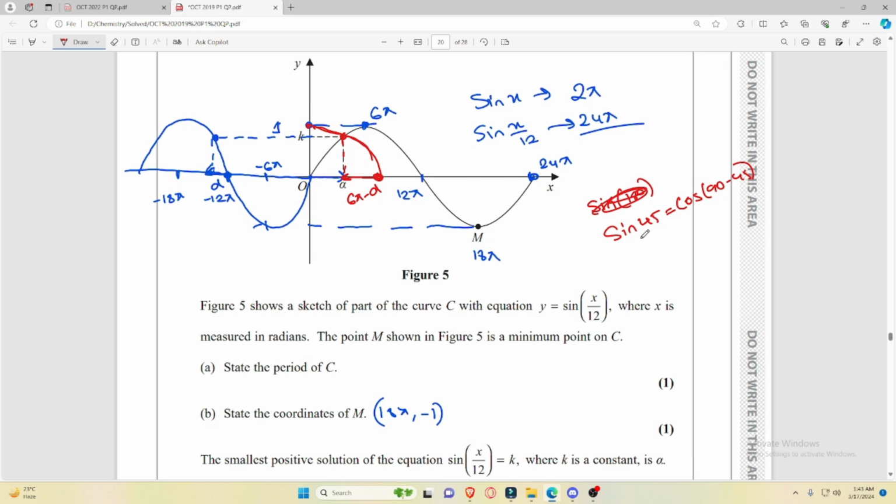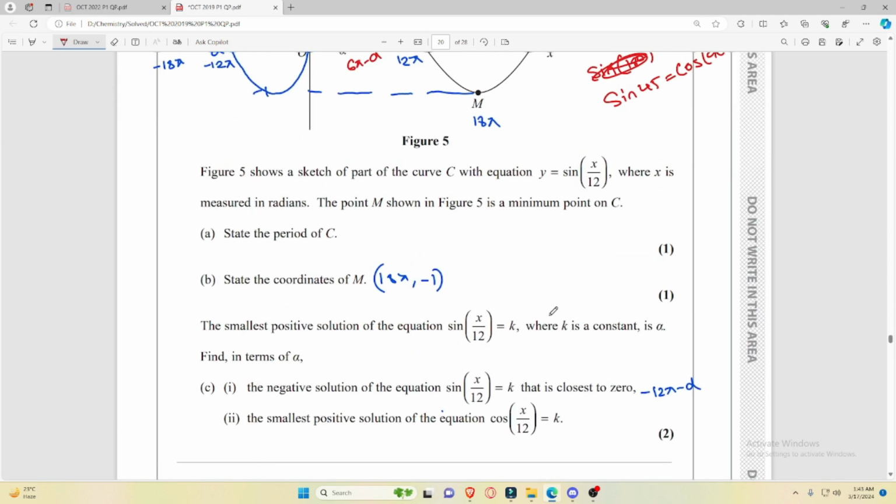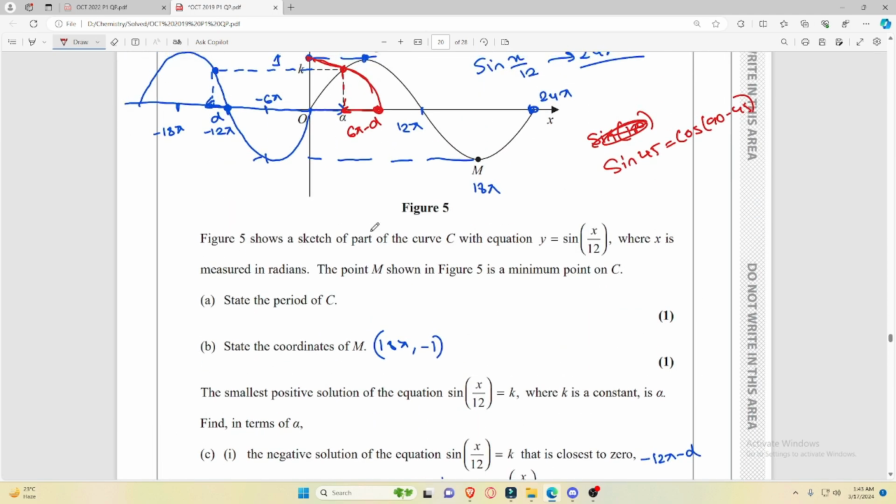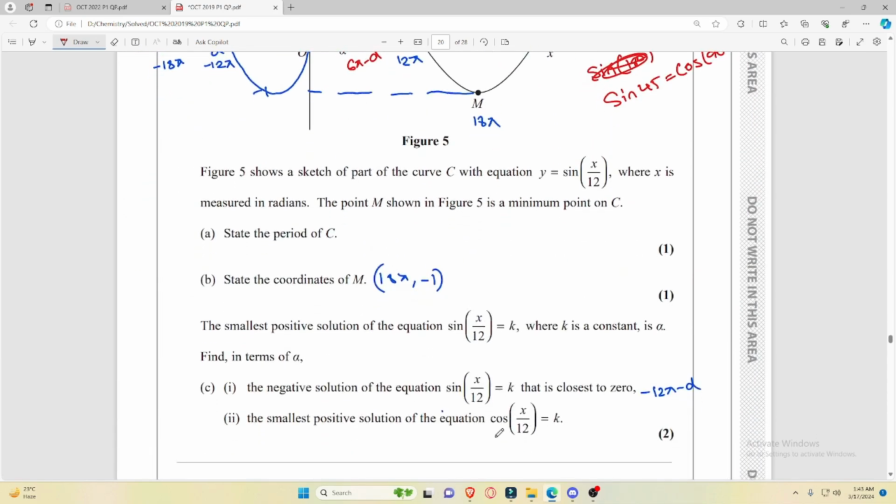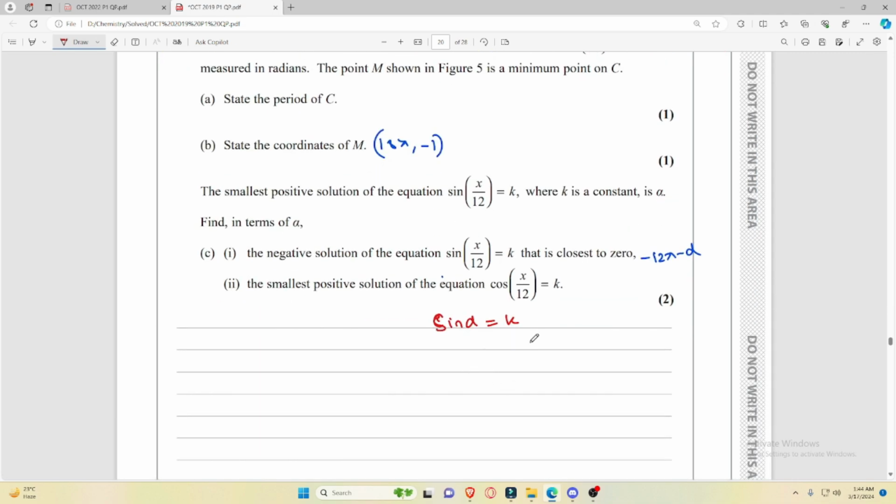They are the same values. Exactly the same way, instead of writing sine here, I can convert it to cos to get the equation. Sine alpha gives k, so sine when x is alpha, it is k. I want to convert it to cos. So cos 90 minus alpha, no, it will not be 90 here, it will be 6 pi because of the transformation. It will also be equal to k. So my solution is 6 pi minus alpha.